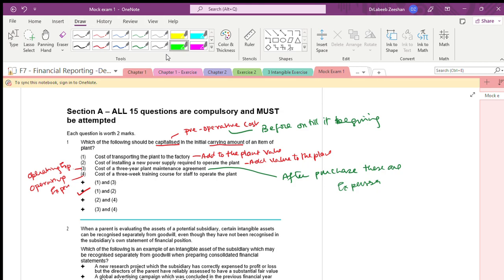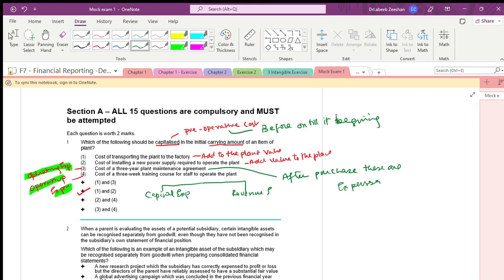Other expenses we should capitalize. Good, I will tell you. When you do the things, expenses will be divided under two different heads. One is capitalization, capital expenses. One is revenue expenses.